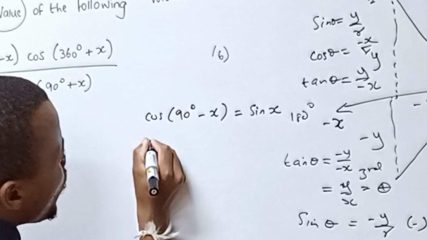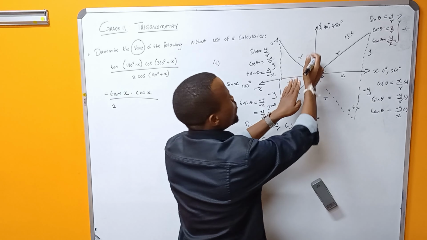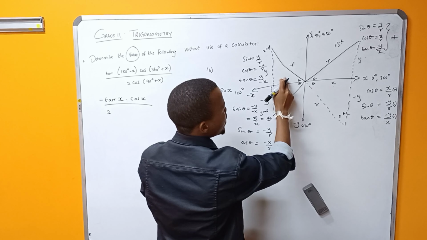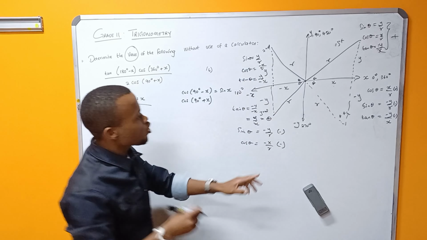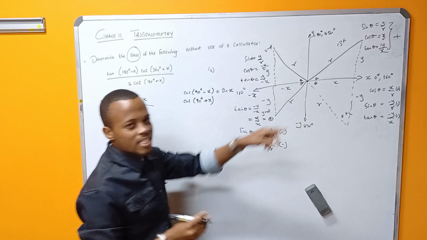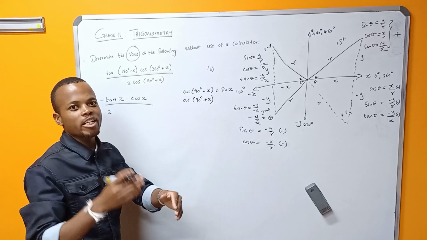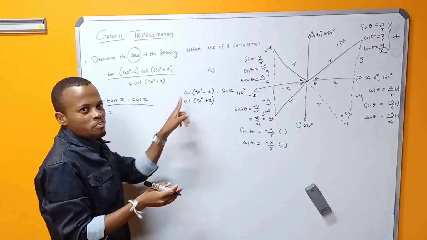If we have cos of 90 degrees plus x, look carefully here on your CAST diagram. 90 degrees plus means we are referring to this quadrant. In this quadrant, cos is negative, but cos will change into being sine. So the quadrant is the one that determines the sign, and 90 is the one that changes cos into sine.